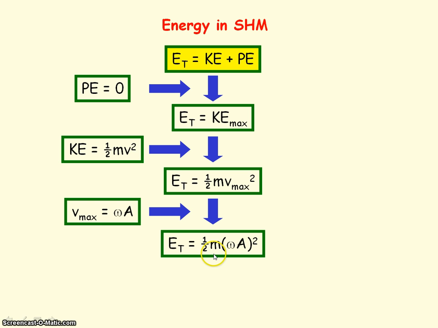As mass m and angular frequency omega are constants for a particular oscillation, we can say the total energy is directly proportional to the amplitude squared. So if we were to double the amplitude in an oscillation, then the total energy would quadruple, because you've increased it by a factor of 2 squared.